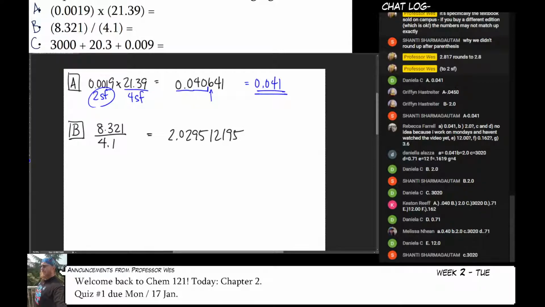That's way too many digits, though, right? So 4 sig figs for the top number because they're all significant, 2 sig figs for the bottom number. This is the smaller one, so I'm going to keep 2. And then the next digit rounds down. I get 2.0 as my answer.